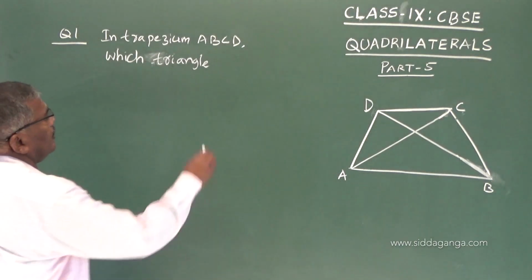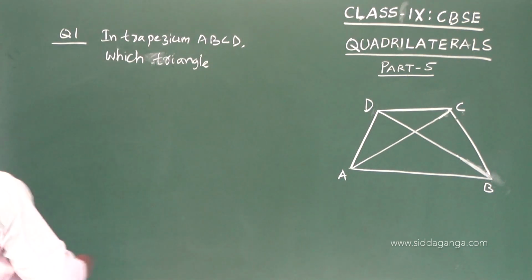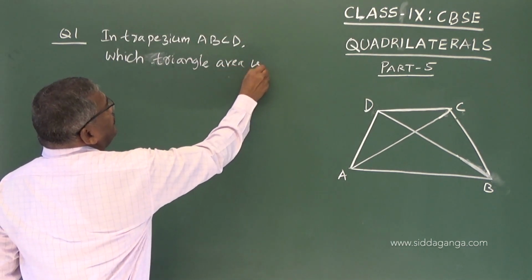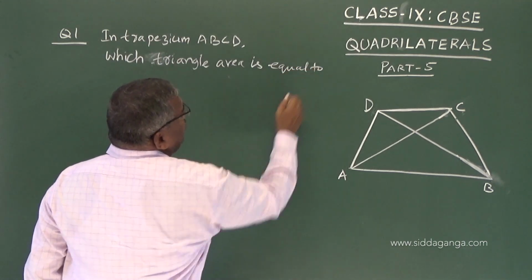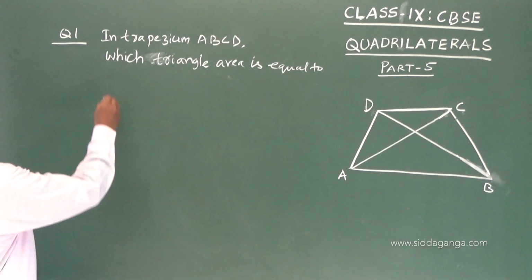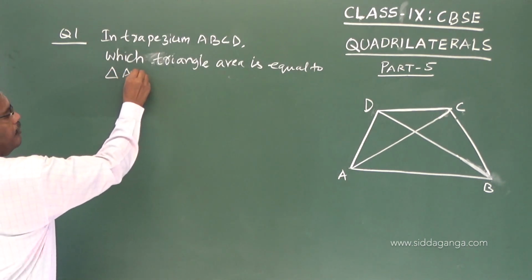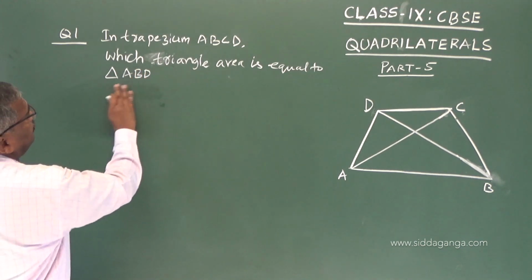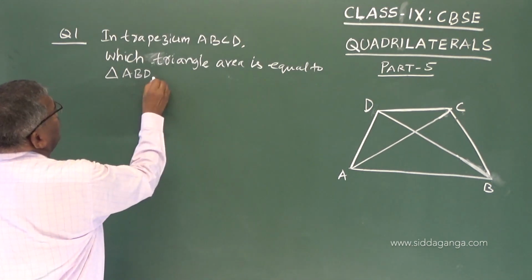Now, which triangle's area is equal to triangle ABD? Which triangle's area is equal to triangle ABD?